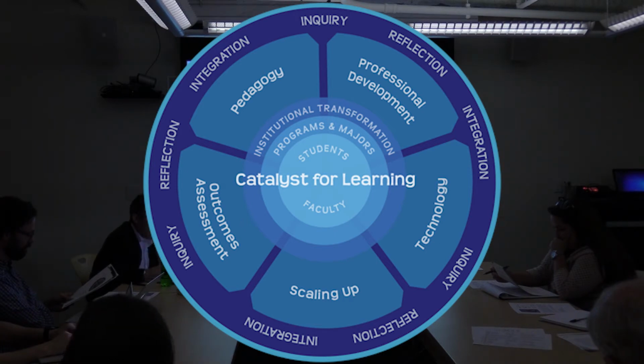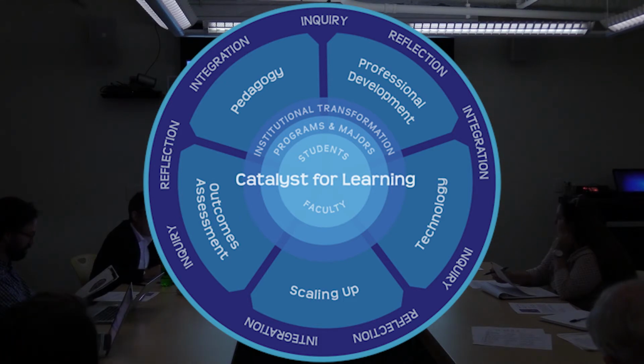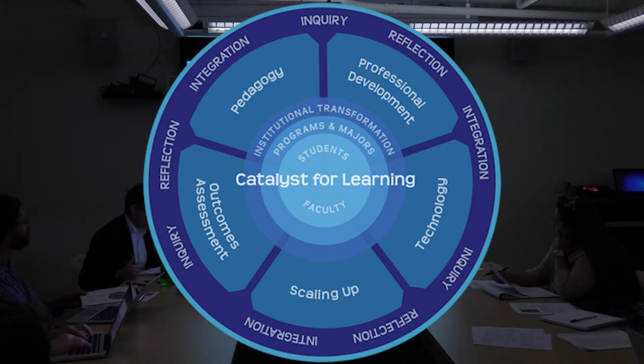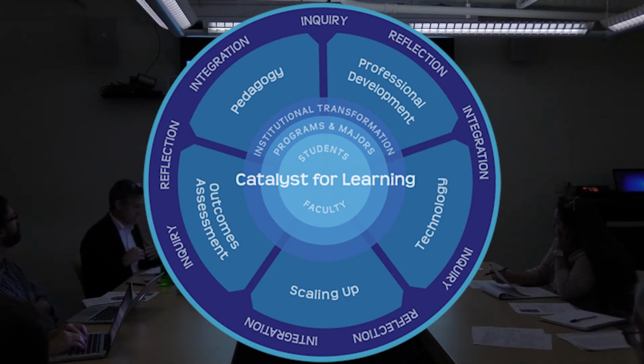Also, programs and majors, departments, the crucial organizational units around which campus life is most often organized, and then finally, the institutional culture. The broad campus-wide mission, policy, stakeholders, and culture that structures and conditions educational practice.